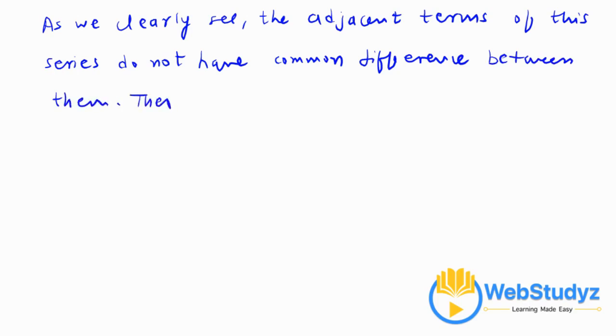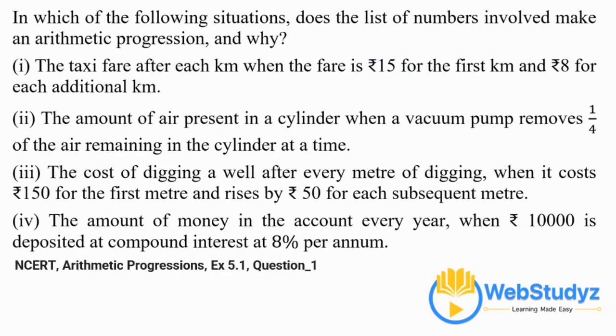Therefore, the series is not in arithmetic progression. Now move on to the third question, which is the cost of digging a well after every meter of digging when it costs 150 rupees for the first meter and rises by 50 rupees for each subsequent meter.